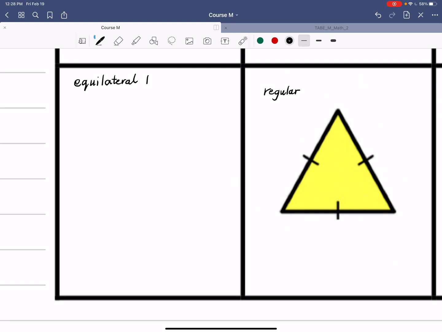It is an equilateral triangle. Which means it has three equal sides. Which means it has three equal angles.